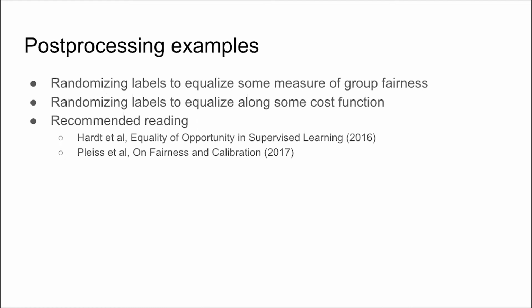So right around here, I'm going to randomize the labels, perhaps of the underprivileged group or the overprivileged group or both, to try to introduce a little more noise and a little less discrimination into the outputs of my model. You can also do this in a way where you equalize along some cost function. So if you recognize that certain kinds of mistakes are more or less costly, that is another way you can deal with this. So that's post-processing.